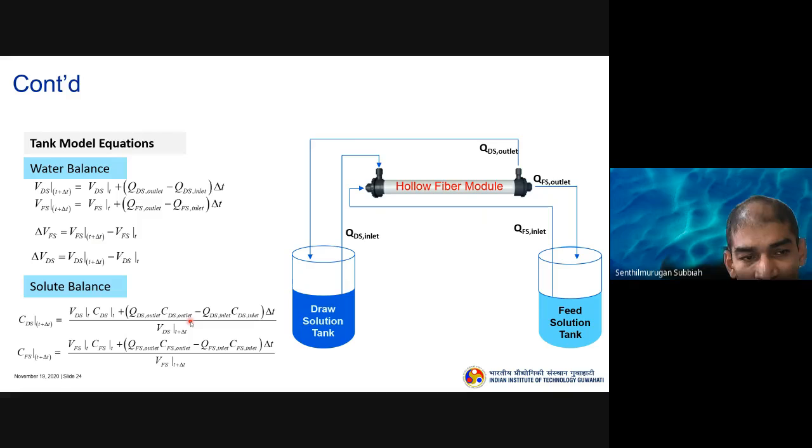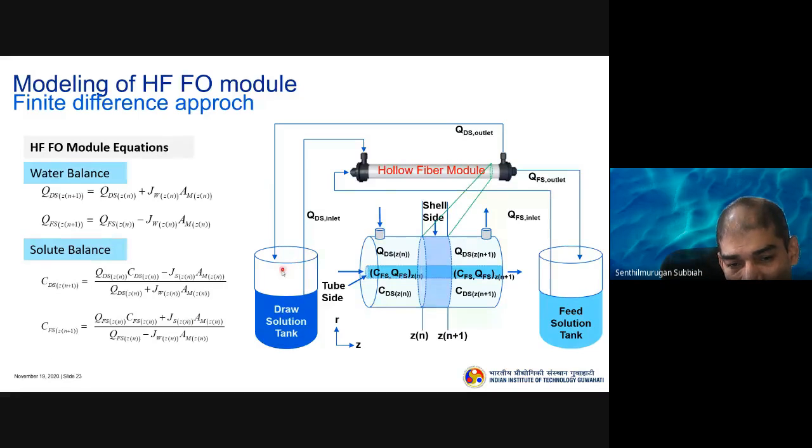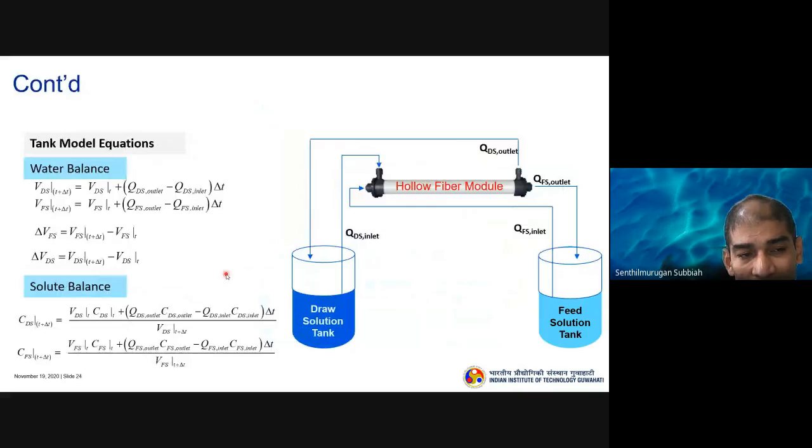This is a water balance, and then what is happening here? It's a batch process. So in the tank, the water is going away, and then water is coming back, either draw solute or feed solute along with solute. So how do we model that? So we have DS at time t and at time t plus delta t.